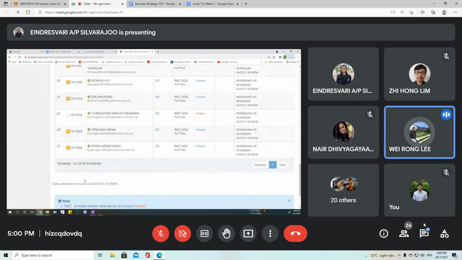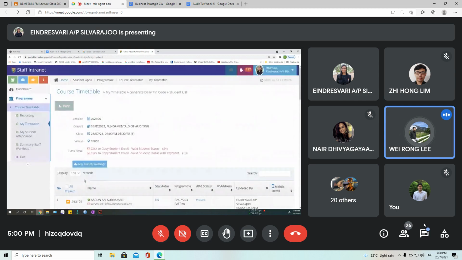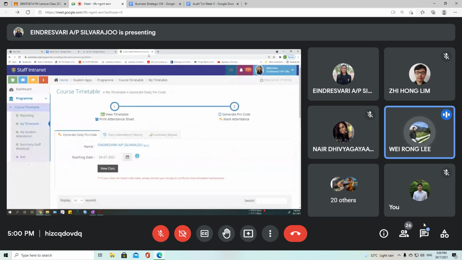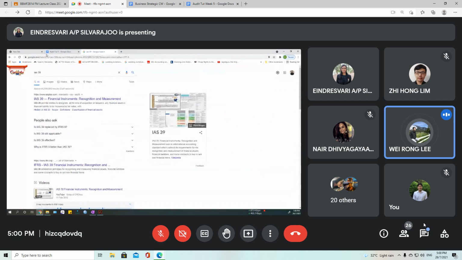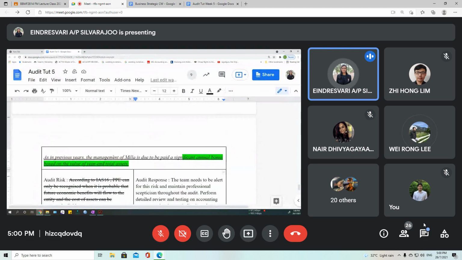Then it will affect the bonus declared also. So we could repeat the examples, right, for both cases? Can. But if the question gives you evidence of manipulation, then you can write. If the question never gives you any tips that they are going to manipulate, then you cannot write that.